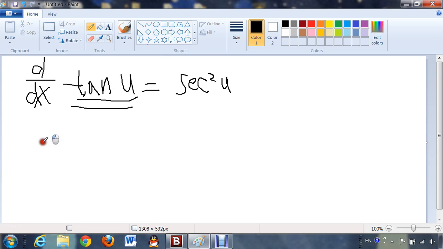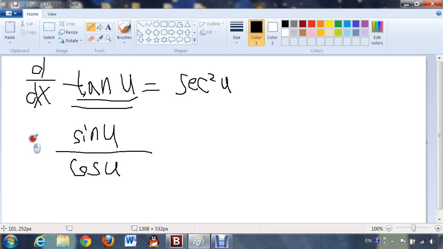Remember, tangent can be written in the form of sine something over cosine something, right? So whenever you're taking the derivative of a tangent something, it's the same as taking the derivative of sine something over cosine something.